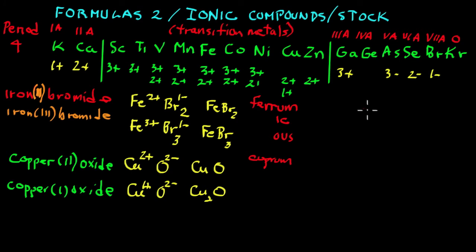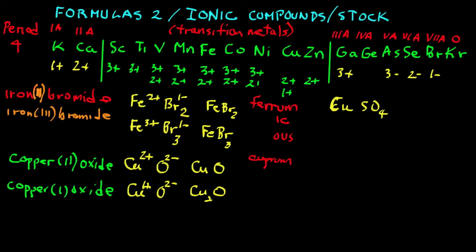For instance, if you're given this formula, CuSO4. Put a capital C. CuSO4. What is the name of that substance? Now we're working backwards. We're starting with the formula and we're writing the name.